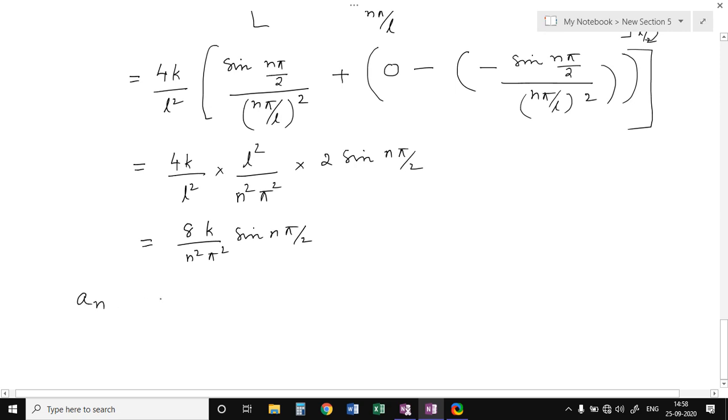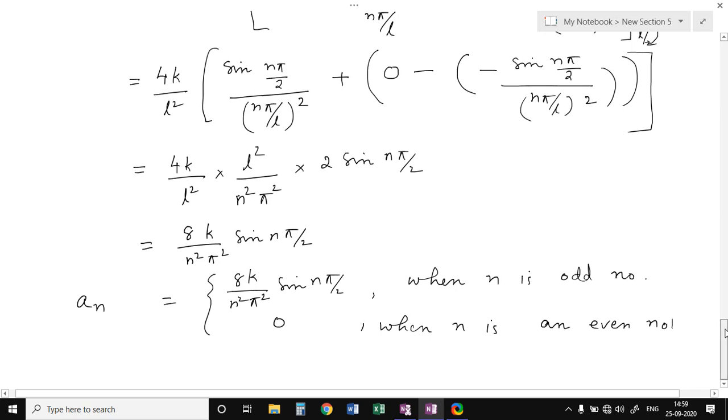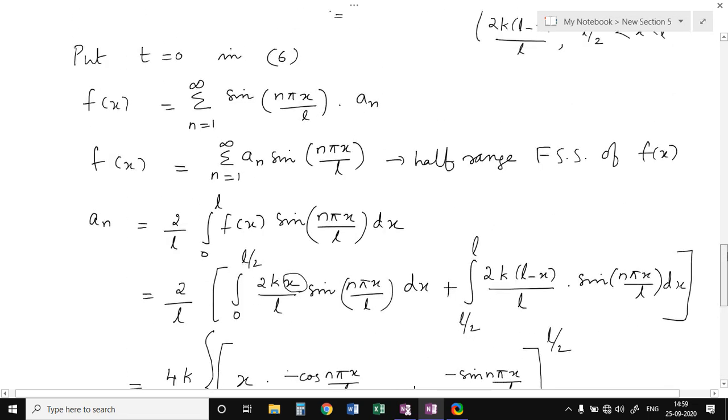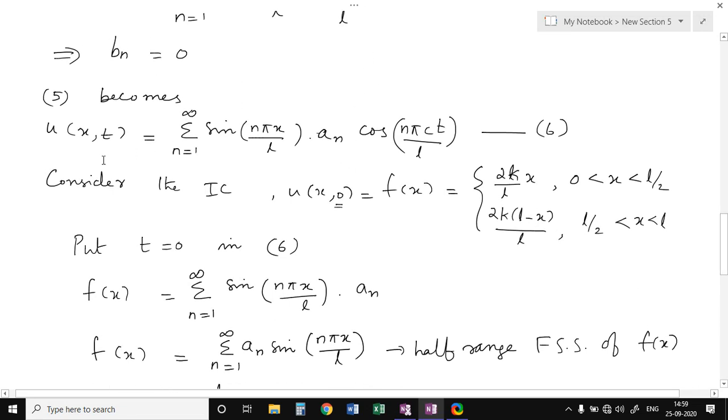So we can write an in this form. An is 8k by n square pi square sin n pi by 2 when n is an odd number, and 0 when n is an even number. So this is the value of the constant which appears in the solution of the given problem. The solution we have written here represents the sixth equation.